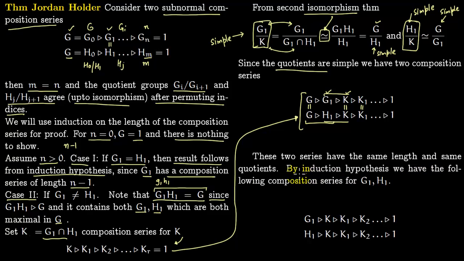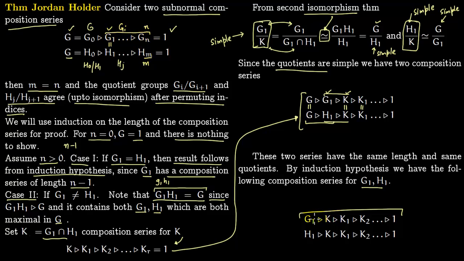Now by the induction hypothesis, we have the following composition series for G1 and H1. This will agree with our series, because this portion is of length n minus 1, and by the induction hypothesis the length is the same.